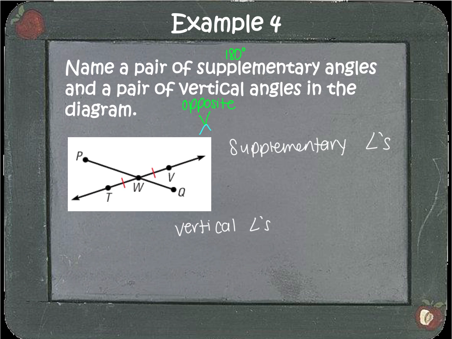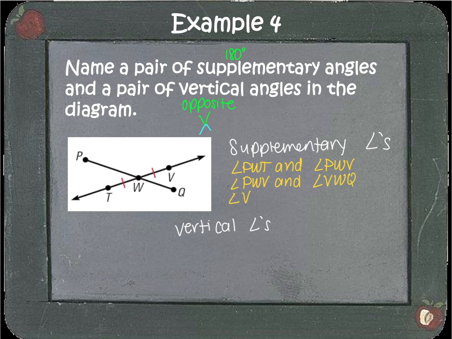So let's go ahead and answer those. Supplementary angles, keep in mind there are two angles that add to equal 180, so they add to equal a straight line. So the first pair you could have had is angle PWT and angle PWV. You could also have PWV and angle VWQ.